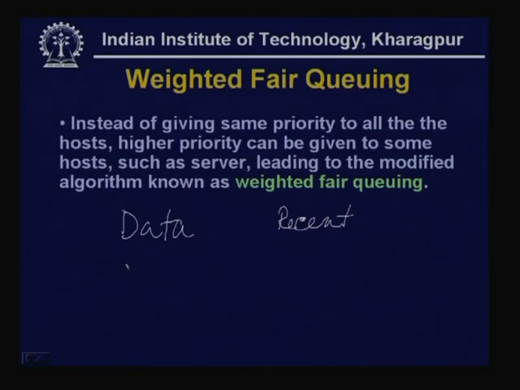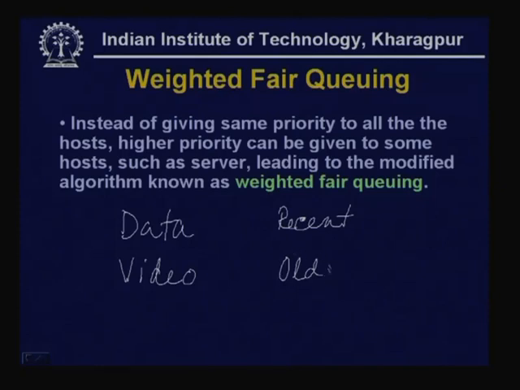On the other hand, if it is video or voice, in such a case it may be necessary to discard an old packet rather than a recent packet. The reason is, an old packet is no longer important. It may have already caused some kind of jitter in the system, but a recent packet should not be discarded.